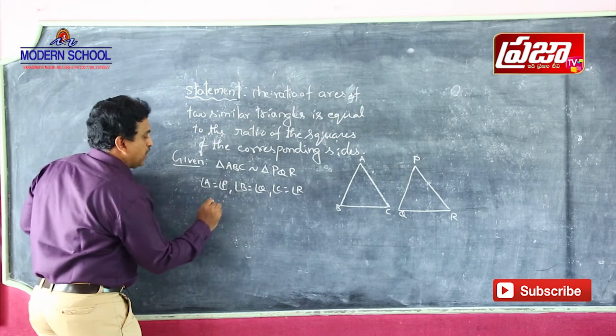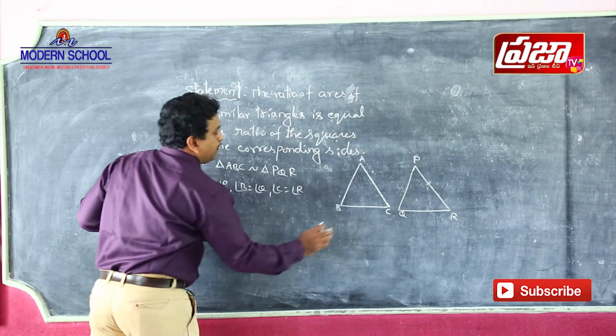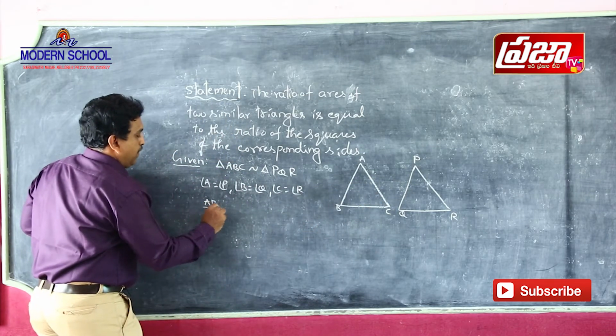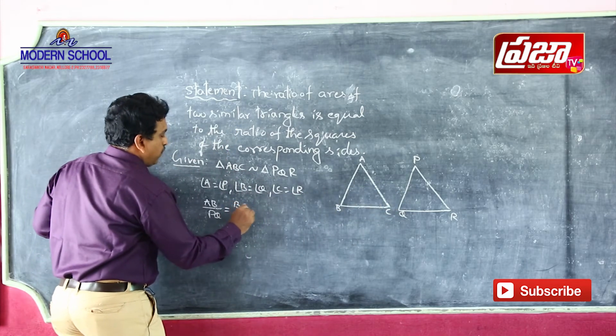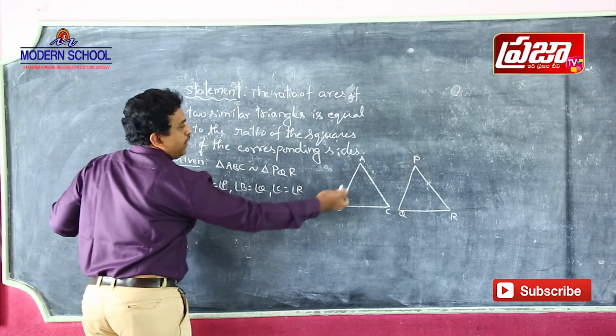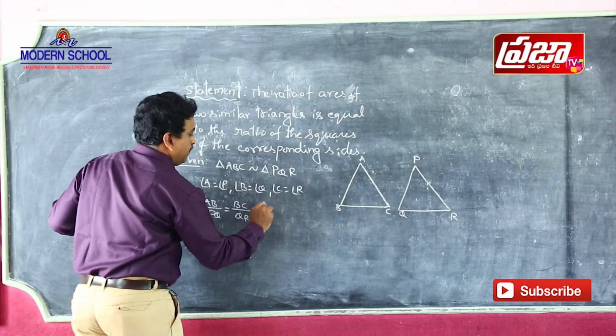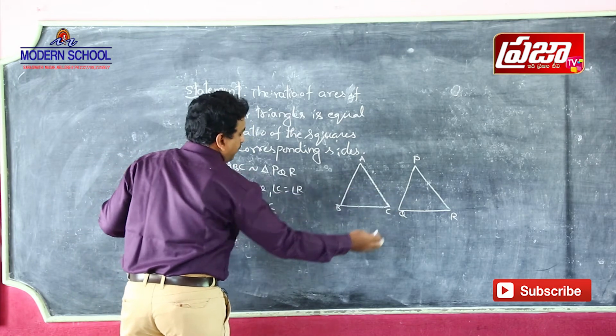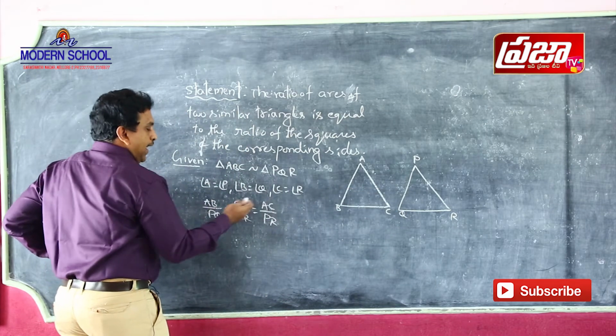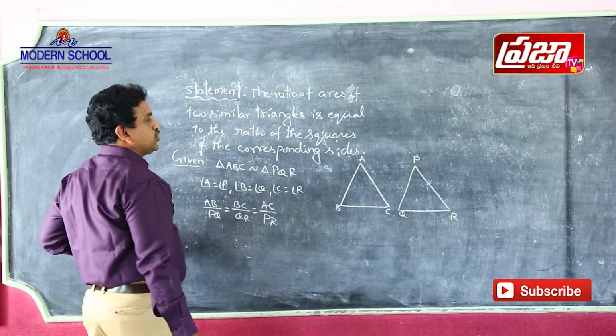So AB by PQ, if you take AB, its corresponding side PQ. AB by PQ is equal to BC by QR is equal to AC by PR.